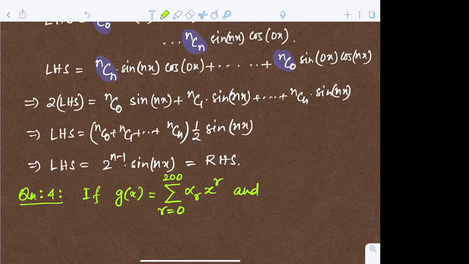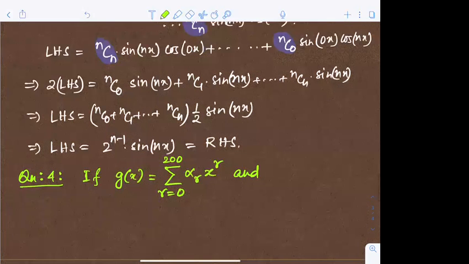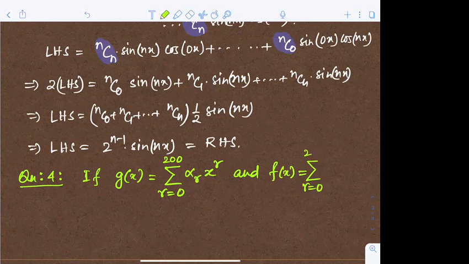So if gx is equal to this and fx is equal to summation r is equal to 0 to 200 beta r into x to the power r. Okay, given like this, fx and gx.